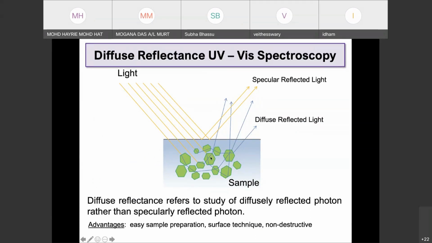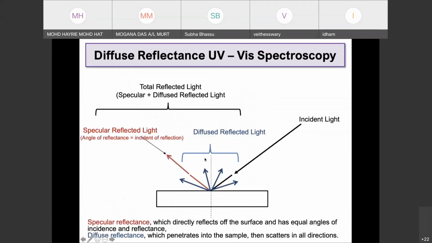That's why we call it diffuse reflectance. As you can see here, specular reflectance directly reflects off the surface, while diffuse light penetrates into the sample, resulting in scattered reflected light. The combination of specular and diffuse reflected light gives the total reflected light.